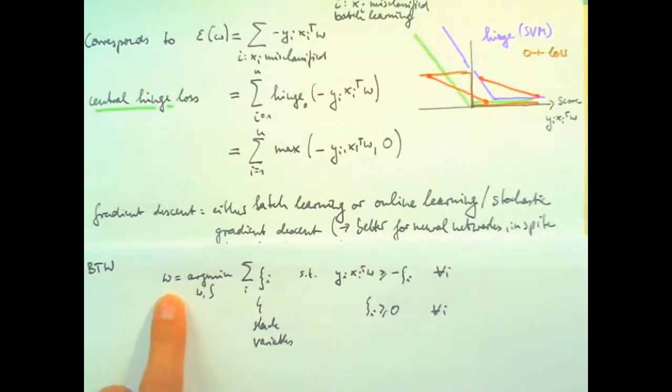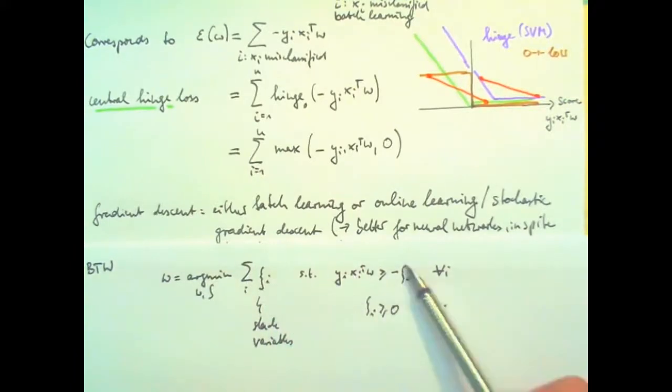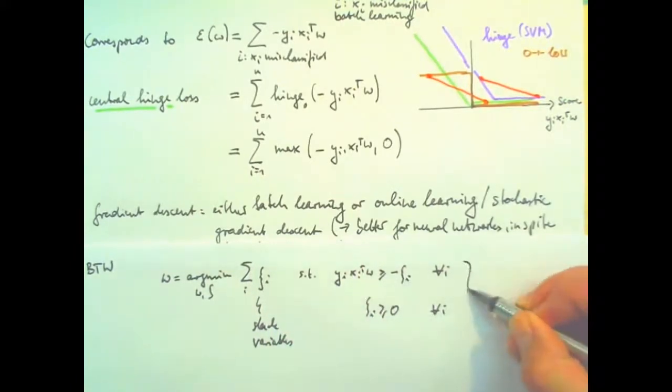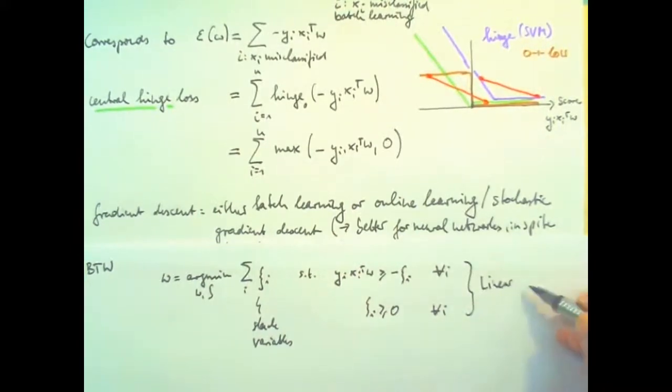There will typically not be a unique solution. And you see we have a linear objective function. It's linear in the slack variables, and we have linear constraints, and that makes the whole thing a linear program. And well, perceptrons are not usually optimized in that way. I think it's perhaps mainly a traditional reason, because back in the days it was hard enough to compute the gradient, and computing a linear program is even more expensive.